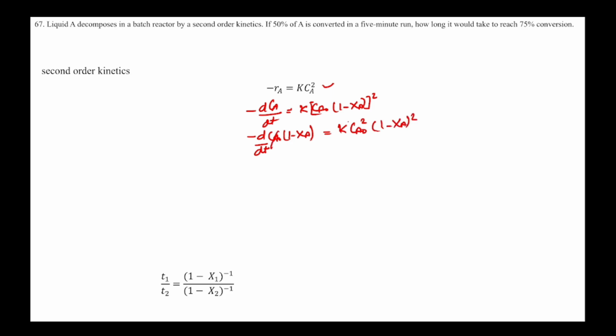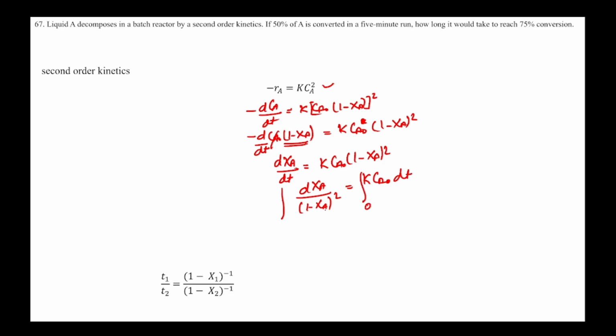CA naught is constant, so if you differentiate, the differentiation of 1 will be 0, minus 1 becomes plus, so dXA by dt is equal to K CA naught (1 minus XA) square, giving dXA over (1 minus XA) whole square equals K CA naught dt.